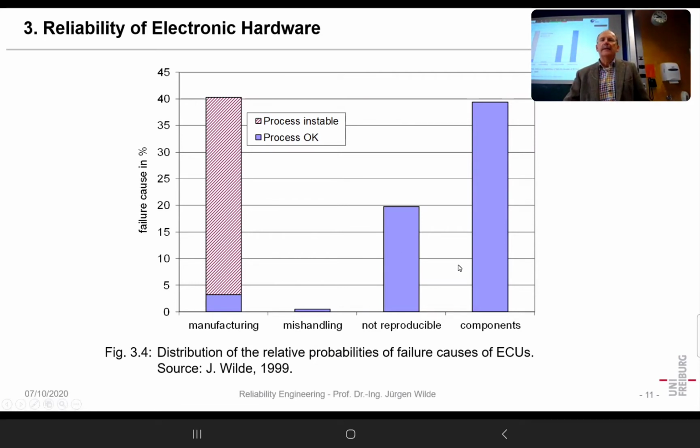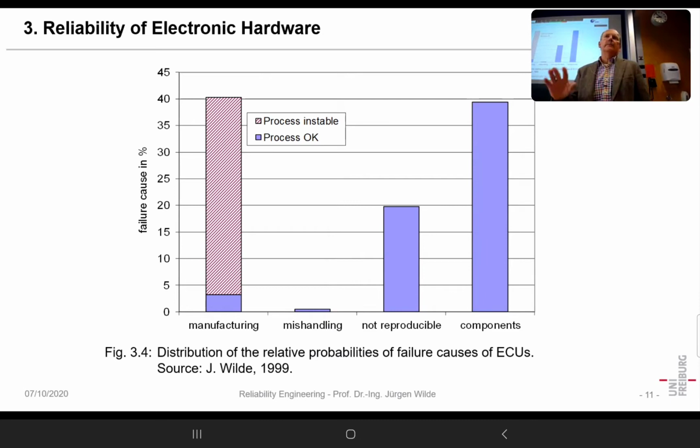But in the end, we could find out for that ECU, which has a complexity like the one I was showing you, and it was an anti-lock braking system, that half of all of the failures were just failing devices we had purchased and soldered on the board. So that's also a typical value when you have a system like an ECU.